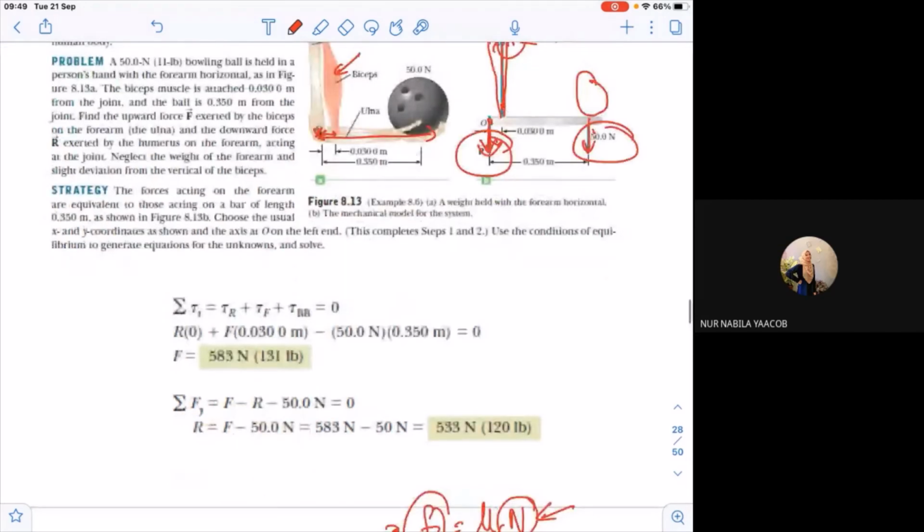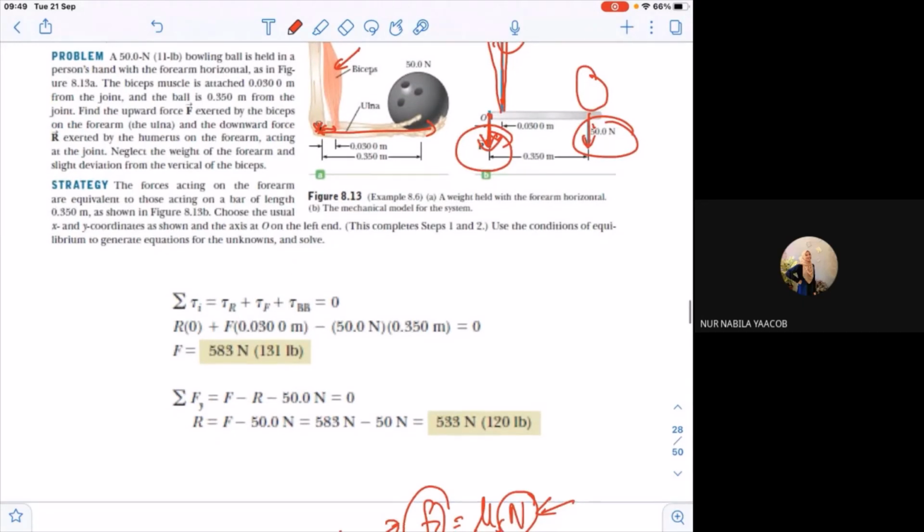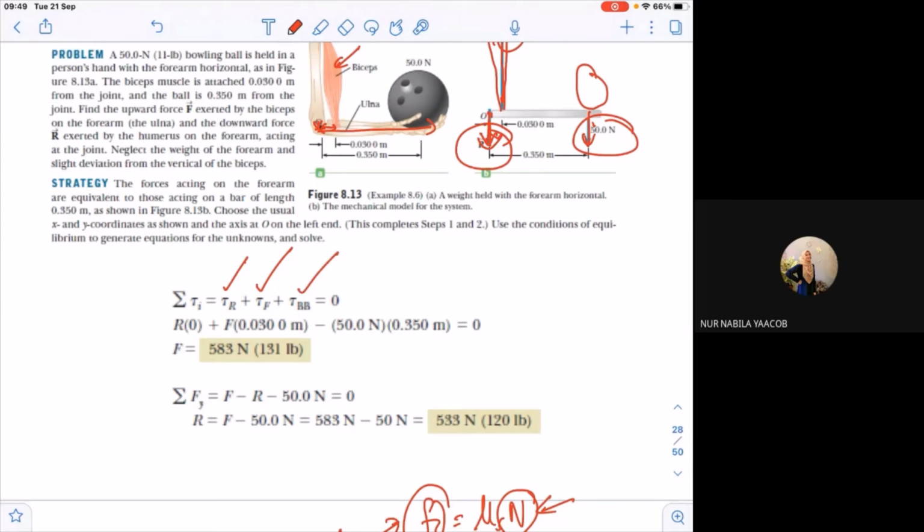First equations kita menggunakan summation of torque. So summation of torque kita ada forearm, kita ada bicep, kita ada ball, dan kita ada downward force punya torque, biceps punya torque and also bowling ball punya torque. Ada 3 sekali. Tetapi bila kita ambil dekat sini sebagai axis of rotation, automatically downward force akan hilang. Okay. Yang anda tinggal adalah ini dan ini sahaja.